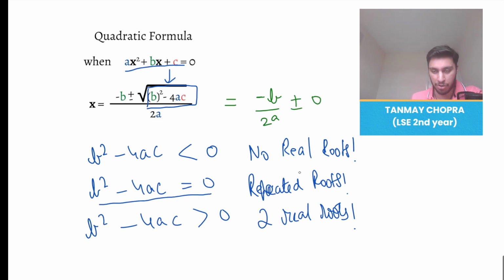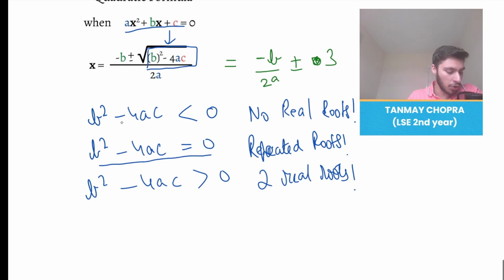So then we have repeated roots. Now if that is positive, if I have another number instead of 0, let's say it's 3, then you can see there will be two equations. One would be -b over 2a plus 3, other one would be -b over 2a minus 3. So I'll have 2 real roots. That's basically what the discriminant is.